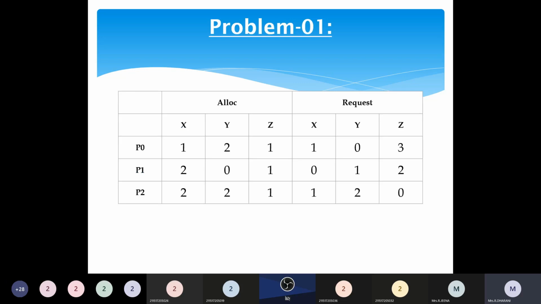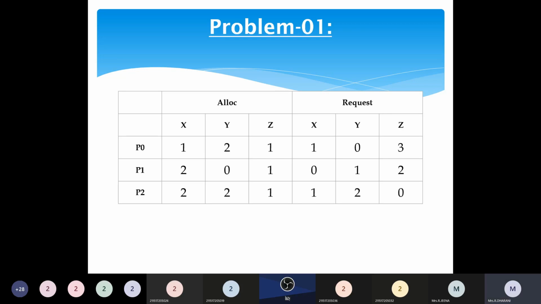P0 requested an additional resource of 1 for X, but we currently have none. Y is not requested, and for Z it requires 3 additionally, but here we have 2. The current availability is 0, 1, 2, but it requires 1, 0, 3. So we cannot satisfy the P0 process.